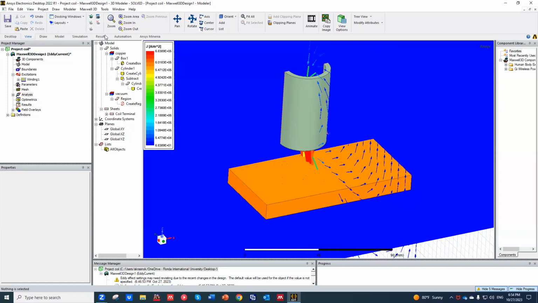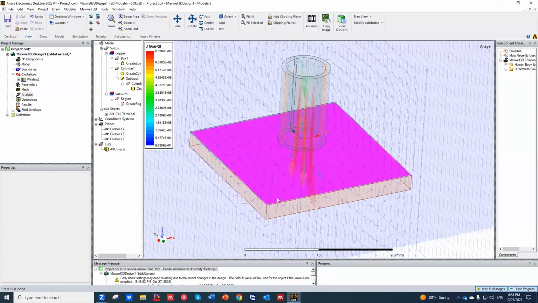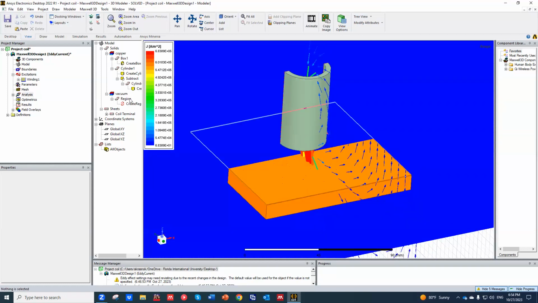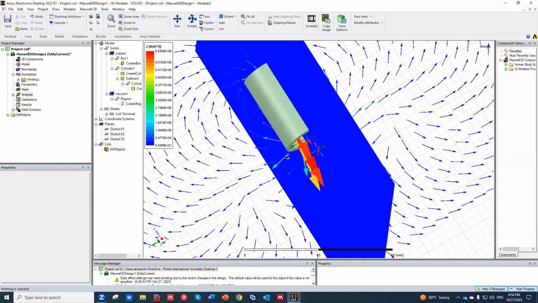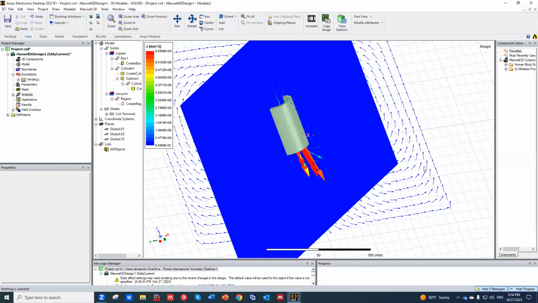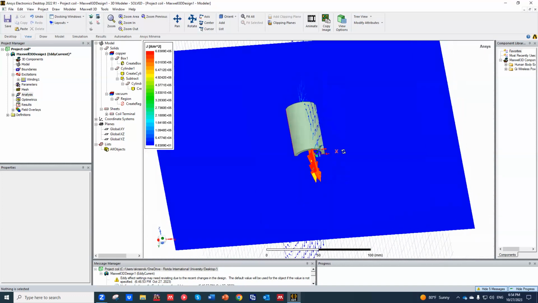We can make it transparent, or actually hide it from the screen like this. Do I see anything?